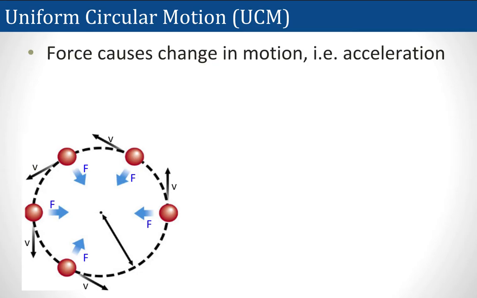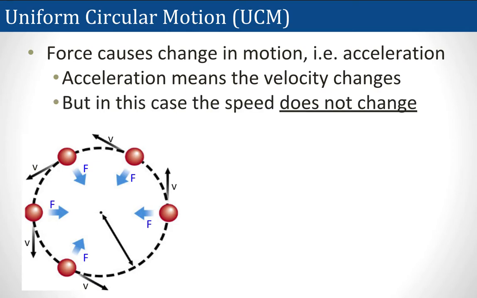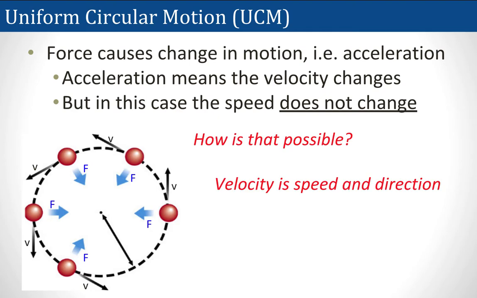So let's again kind of think back to what we know. Forces cause changes in motion. Acceleration means that velocity is changing. So if a force is causing an acceleration, it's causing a change in velocity. But what we're seeing here is not a change in speed, but a change in direction.